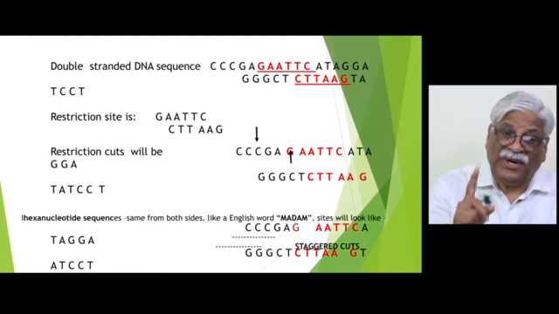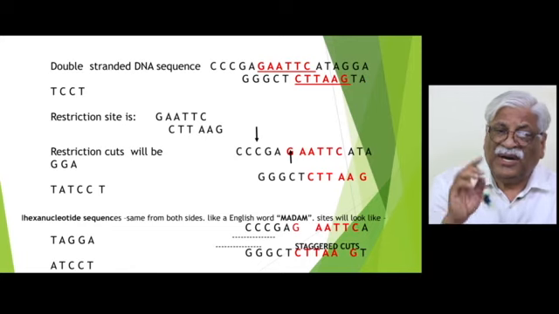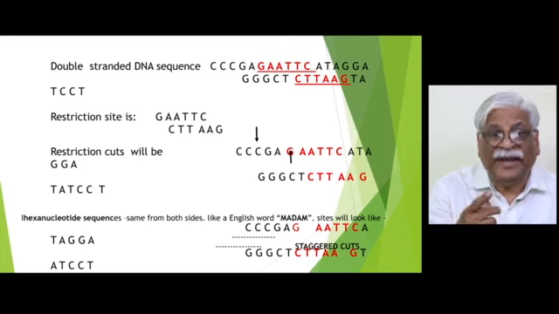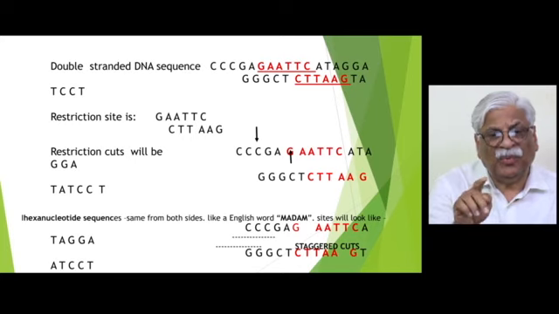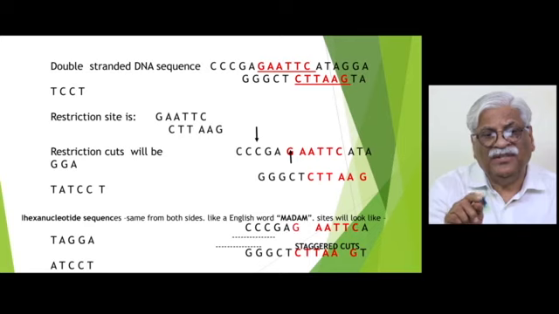As I told you earlier when I was describing the structure of DNA, G always pairs with C and T always pairs with A. So GAA, and in front of that CTT, and then in the upper you can see TTC, and on the lower side AAG.